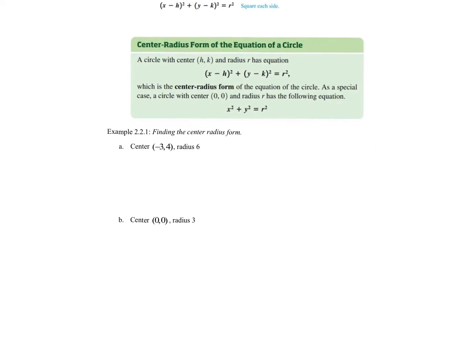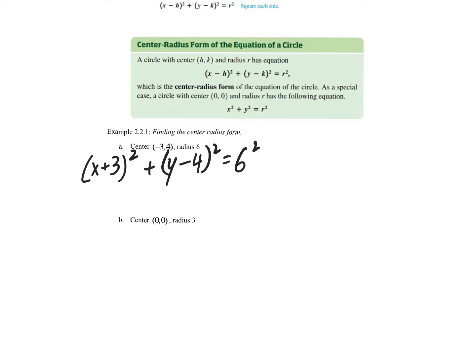And so what we'll do is start by taking the information that they've given us with the center and radius and try to put that in the equation. So be wary that the sign flips when we write it in the equation, but otherwise it's a pretty simple process. So for example, part A, the center is at (-3, 4). So we're going to have (x + 3)^2 + (y - 4)^2 = 6^2.